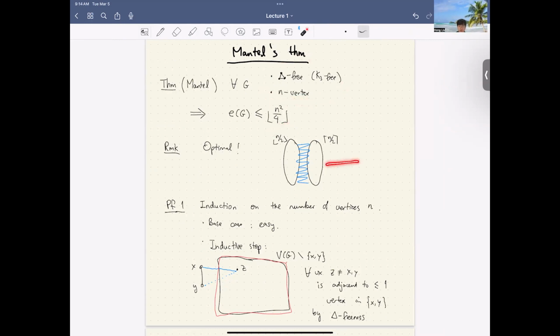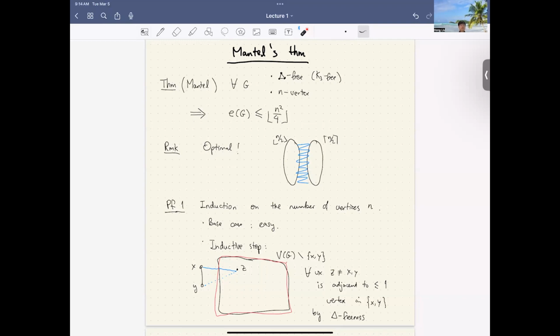And we've also seen an example realizing this maximum, n squared over 4. What would be a natural question to ask? Are there other maximizers? Is this maximizer unique? If it's not unique, can you characterize how the other maximizers look? Can you characterize the set of all maximizers? This is a very natural question.